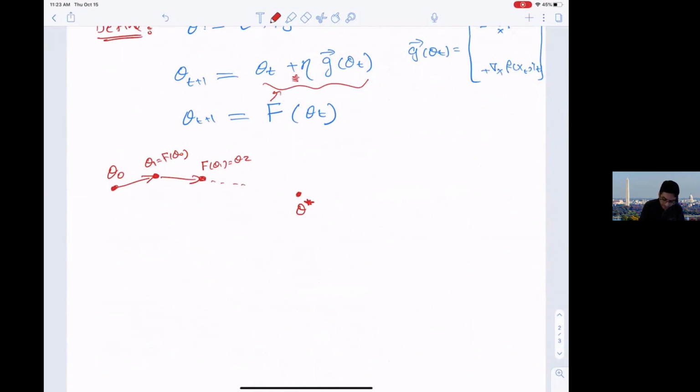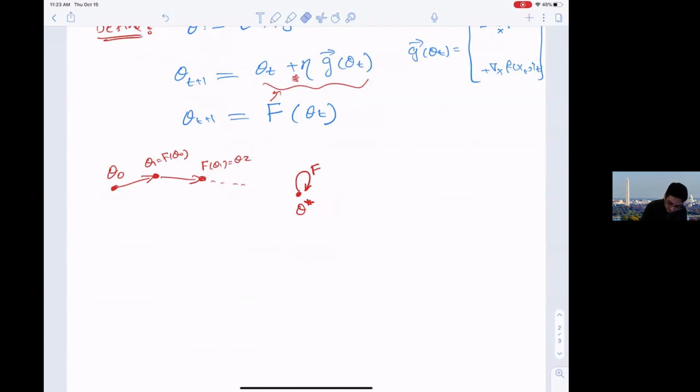So if I'm ending up at a theta star here, and if I apply this update f, then I'd like to remain at the same point, right? So I don't want to change my parameters. If I apply f to this, I should end up at the same point theta star.